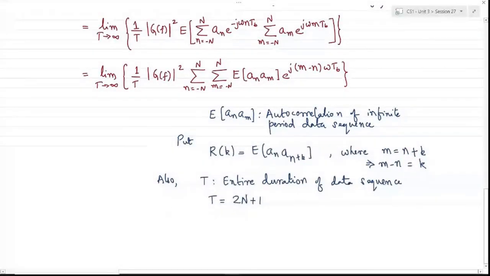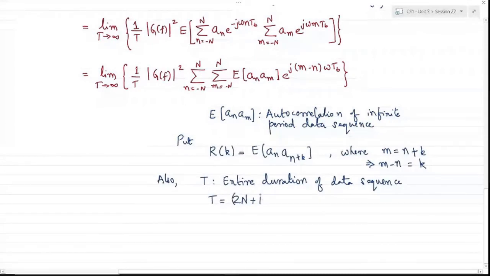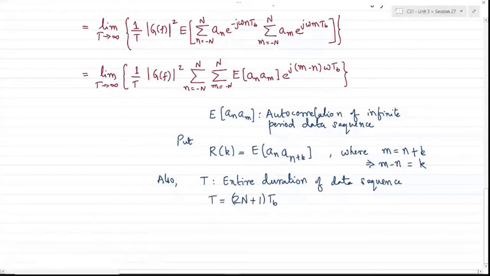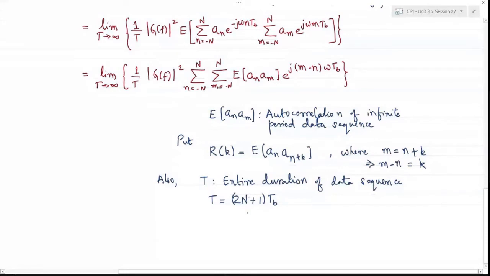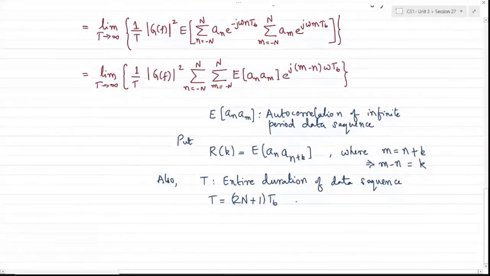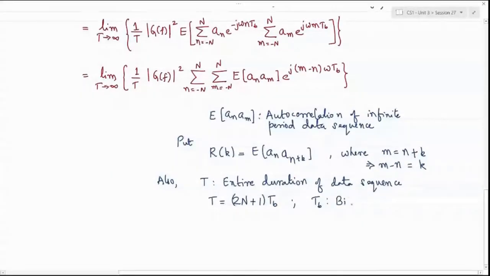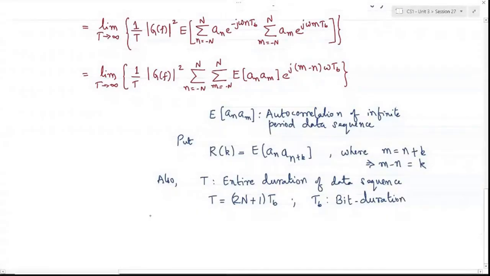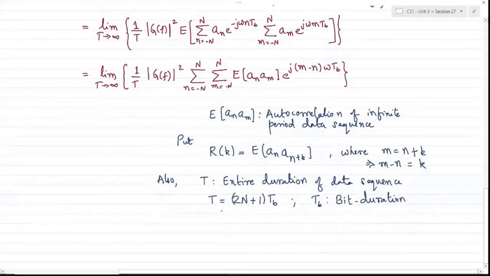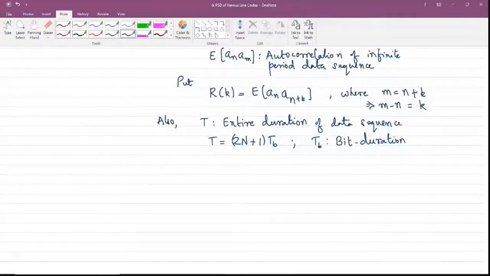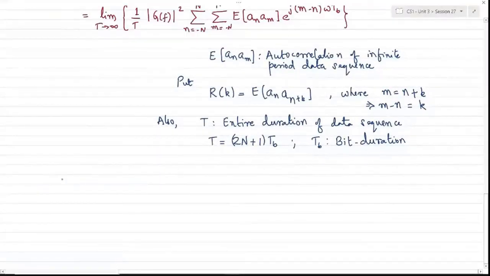Each of those bits occupies a duration of bit period T_B. So the total duration of this data sequence is nothing but the number of data in the bit stream, which is 2N plus 1 times the bit period, where T_B is the individual bit duration.